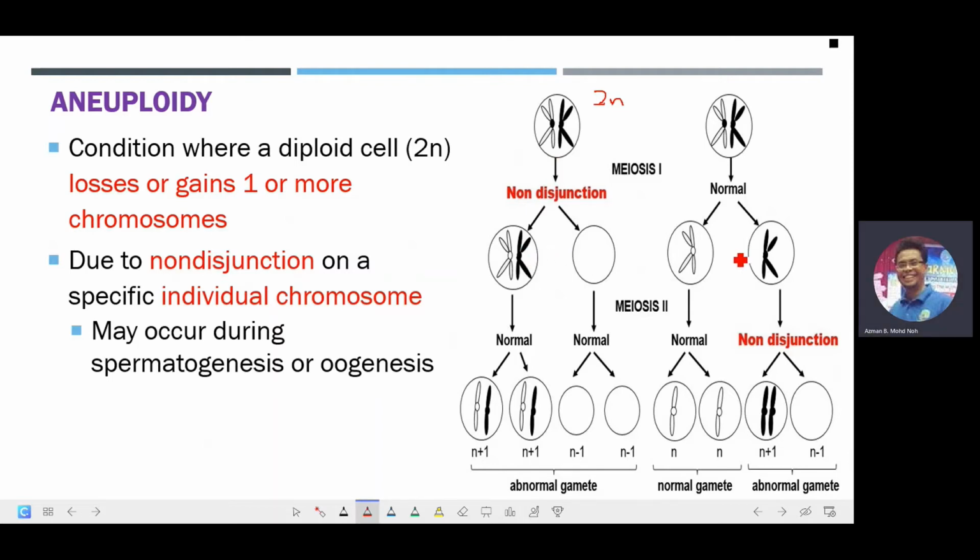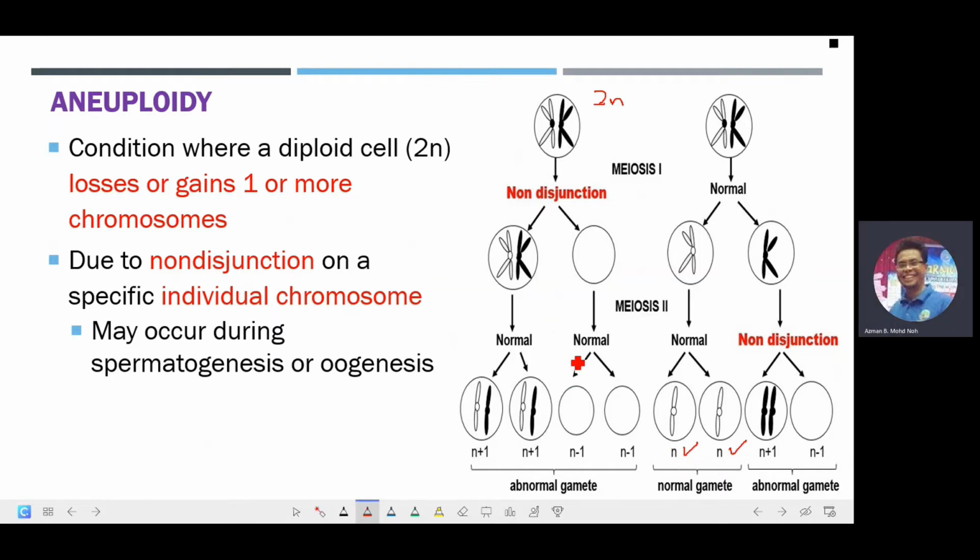And sometimes Nondisjunction will occur during meiosis 2, in which sister chromatids will not be able to separate. And as a result, abnormal gametes will be produced. A normal gamete should be like this, and this one. This will be two normal gametes as they are in a haploid condition, N.